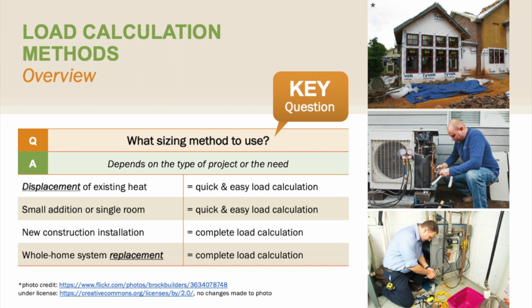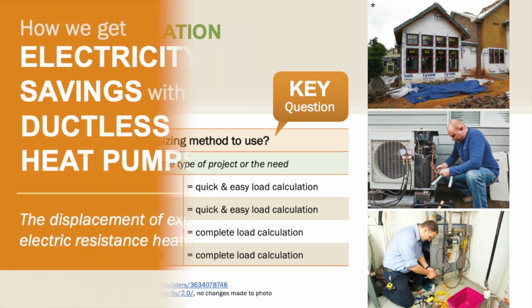Anytime your application involves the displacement of an existing heating source, or when you're applying a ductless heat pump to a small addition or single room, a quick and easy load calculation is an acceptable method to use. Anytime your equipment installation is intended to serve the entire home, such as during new construction or retrofit or replacement of an existing home's heating system, a complete load calculation is advised.